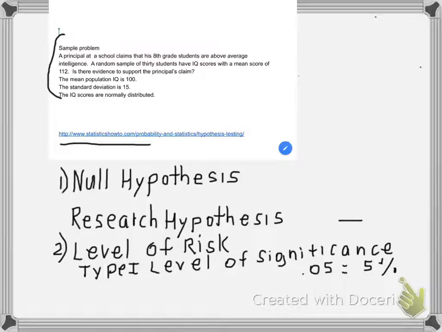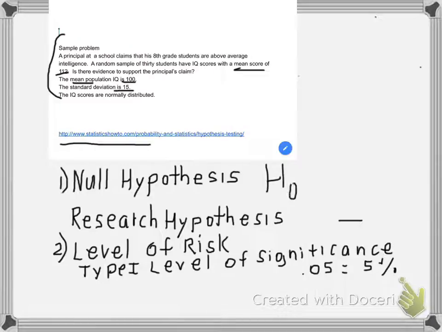For our formulas, we will be using the mean score, the mean population IQ, and also the standard deviation. So for step number 1, we're going to state the null hypothesis.